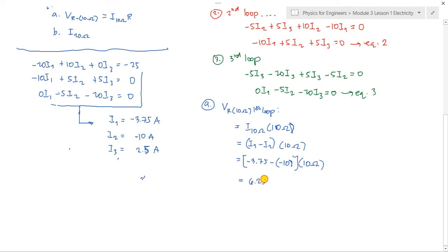So 6.25 amperes multiplied by 10 ohms. So the result is 62.5 volts.